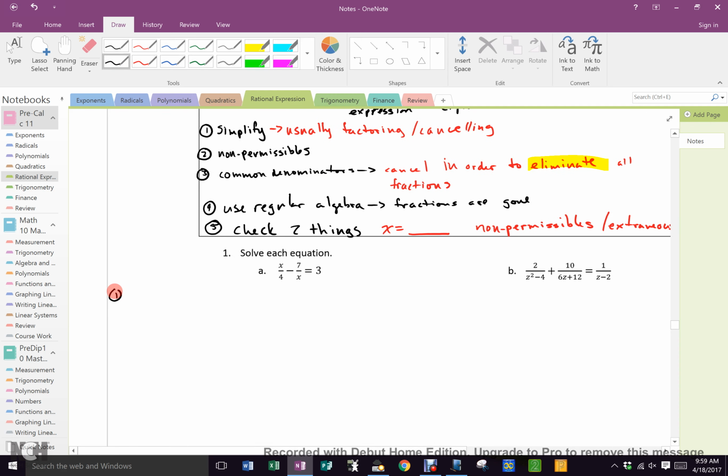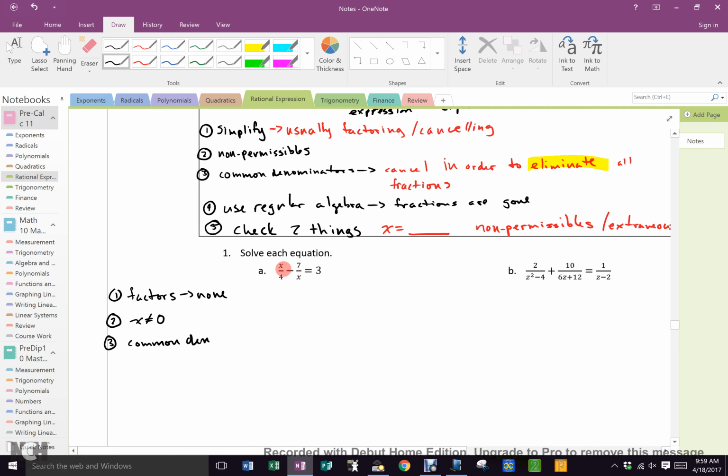Step 1. Is there any factoring to do to simplify that? No. So step 1, we're going to check for factors. There's none. So we go on to step 2. Step 2 is non-permissible values. What can x not be? X can't be 0. Great. Step 3 is our common denominator. Why do I need a common denominator there?